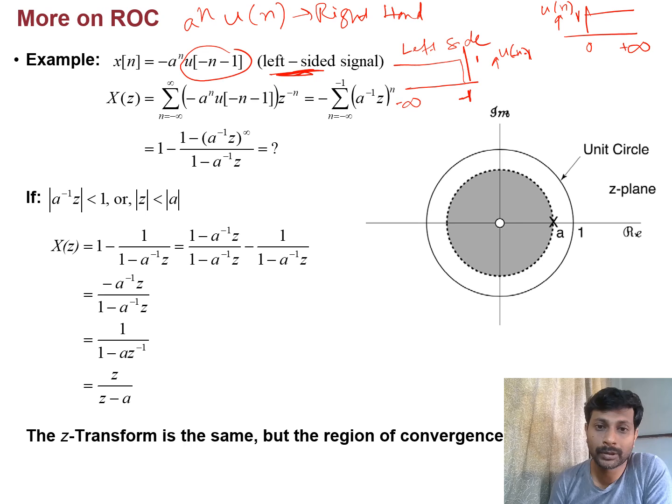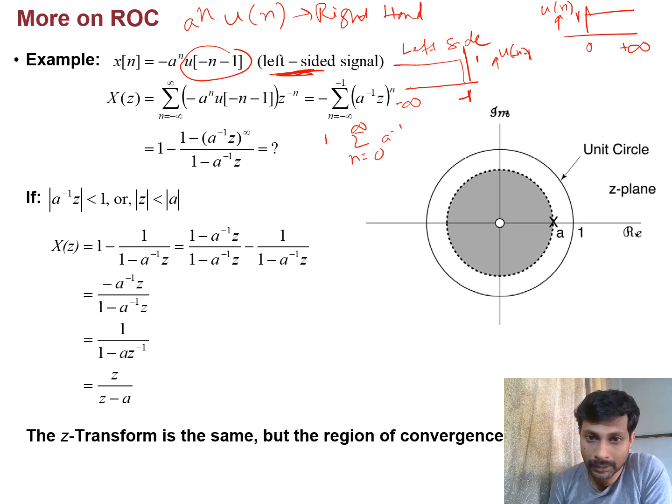1, because here this can be broken as the first term to be 1, then the limit will be changing to n equal to 0 to infinity, and we will change this term to a inverse z to the power n. So this is basically a geometric progression. Let us clear this one.